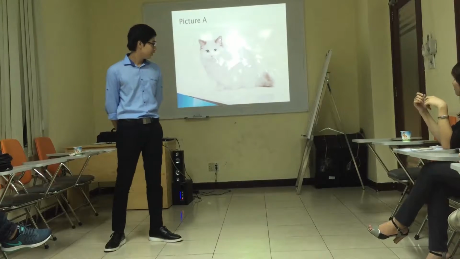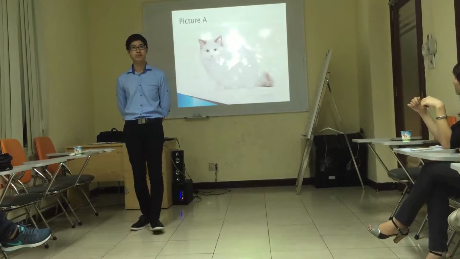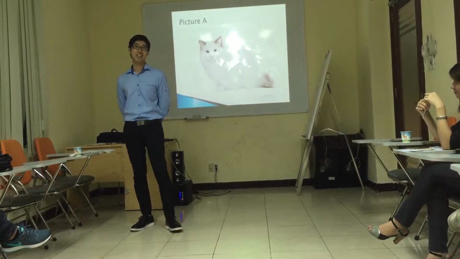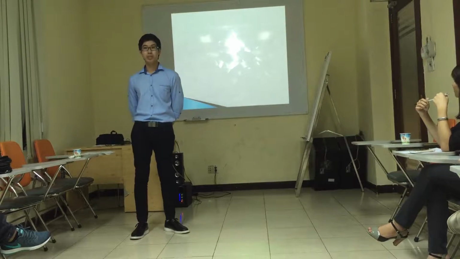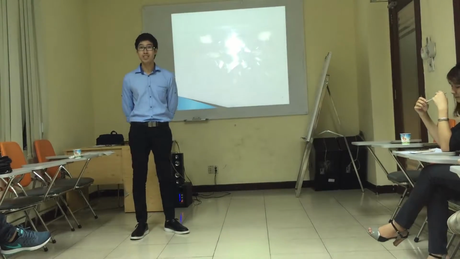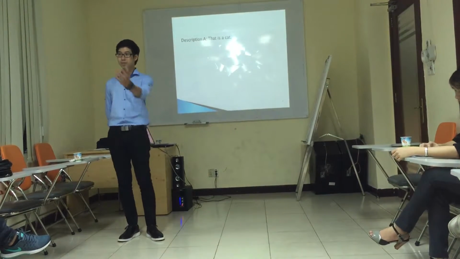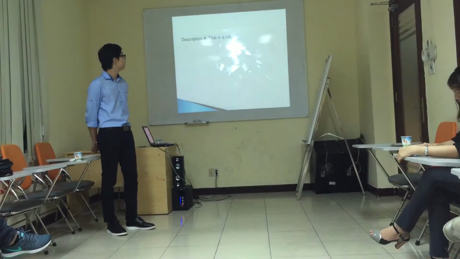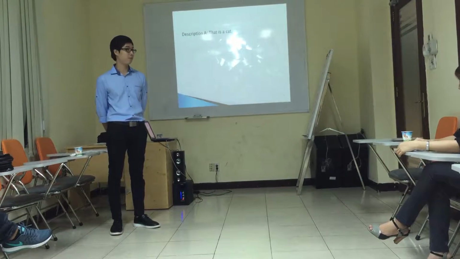Take a look at the first picture. I have an example for you. What is that? It's a cat, obviously. And I have a couple of descriptions. Let's take a closer look. First one, Mr. Rabia, can you read it for me? This is a cat. That's the first sentence describing the picture.